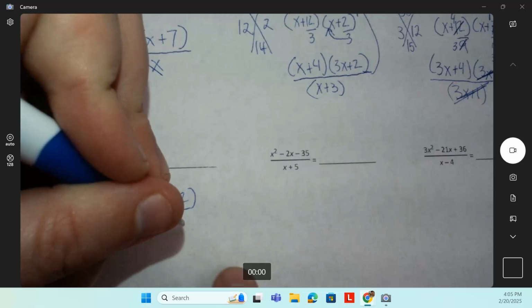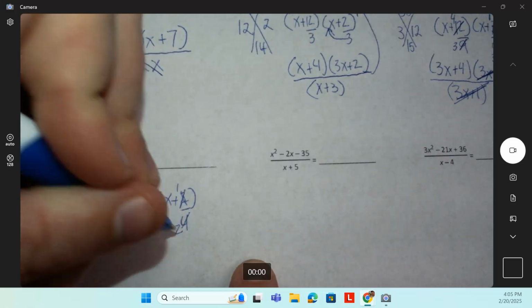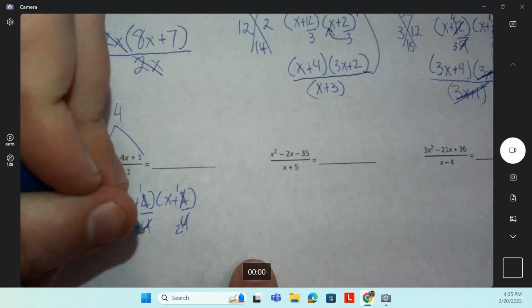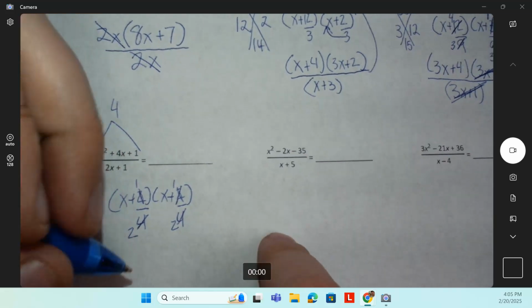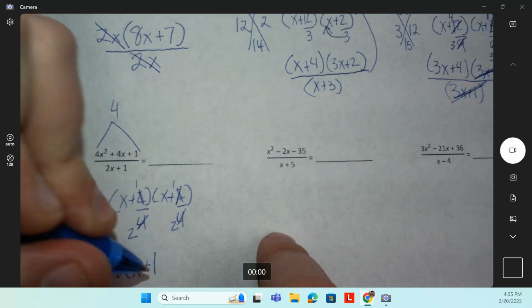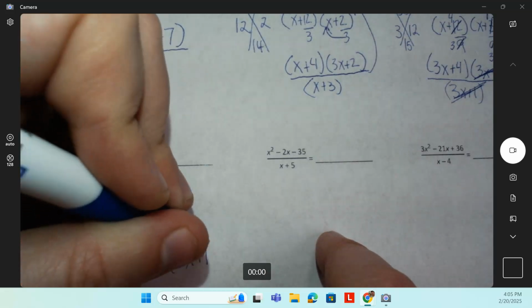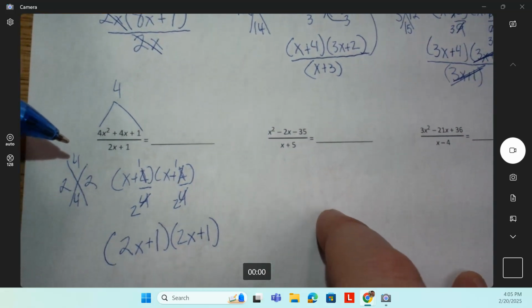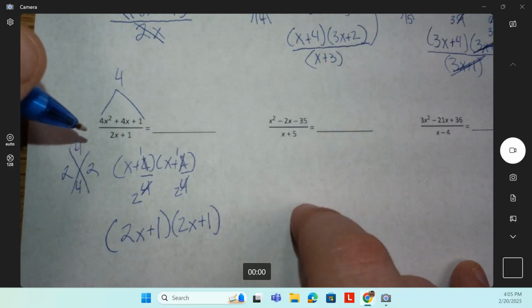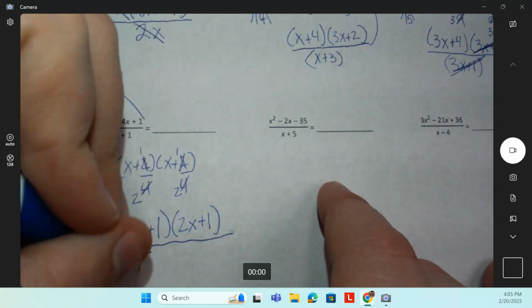When I divide, I get simplified as 1/2 for both of them. So those would both end up being 2x plus 1. Then I would put my 2x plus 1 on the bottom.